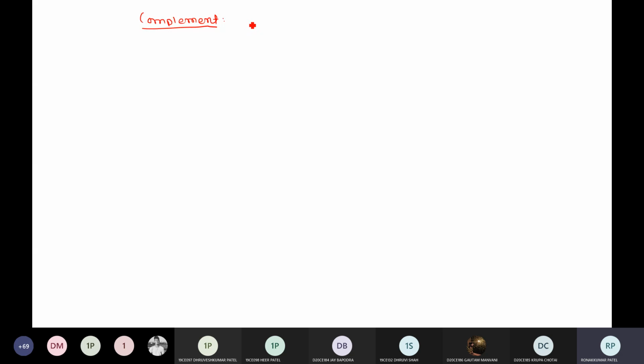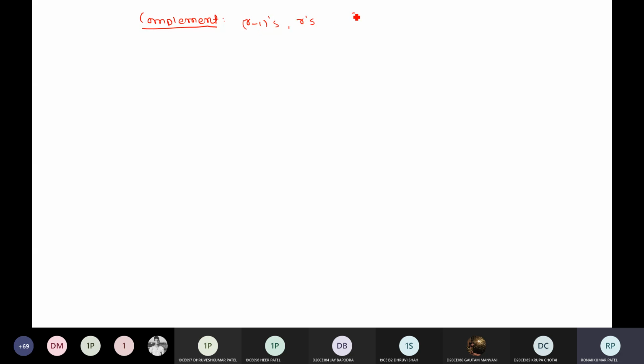Now there are two types of complement, r minus 1's complement and r's complement. What is r? R is radix, your base. જે આપણે નંબર સિસ્ટમમાં જોયું, r is radix or base.